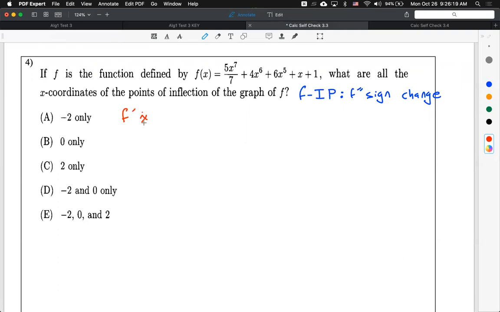So f prime of x, Fiona. 35x to the power of 6 divided by 7 plus x to the 4th plus 1.